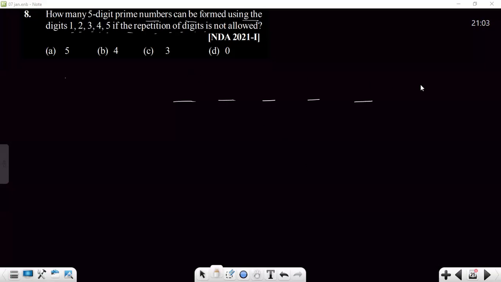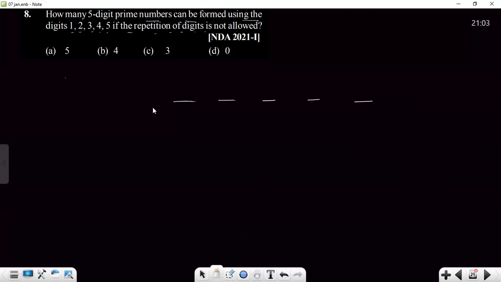We would sum all the digits and apply the divisibility rule of 3. If we had to make a number divisible by 2, we would make an even number and fill only 0, 2, 4, 6, 8 at the last place. But in this scenario, we have to ensure that the numbers are prime.